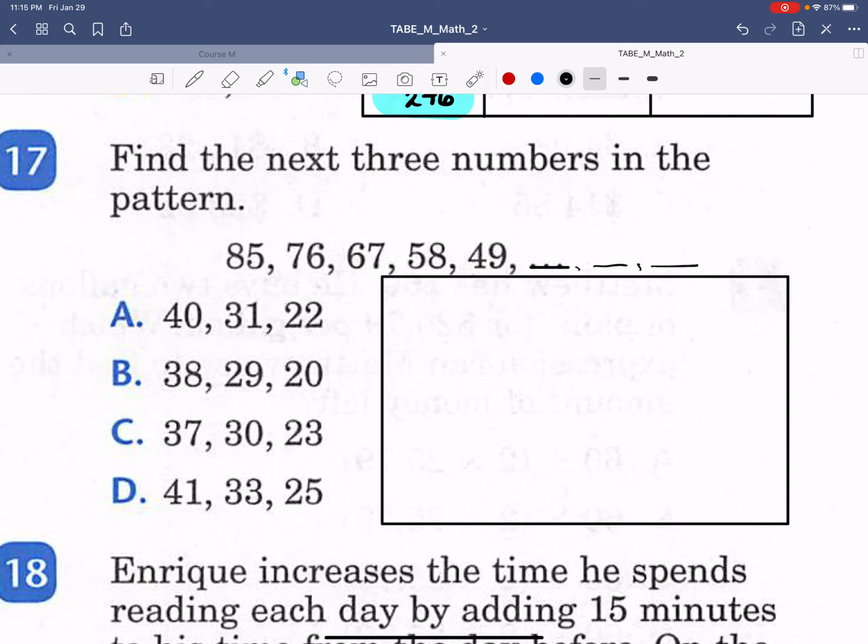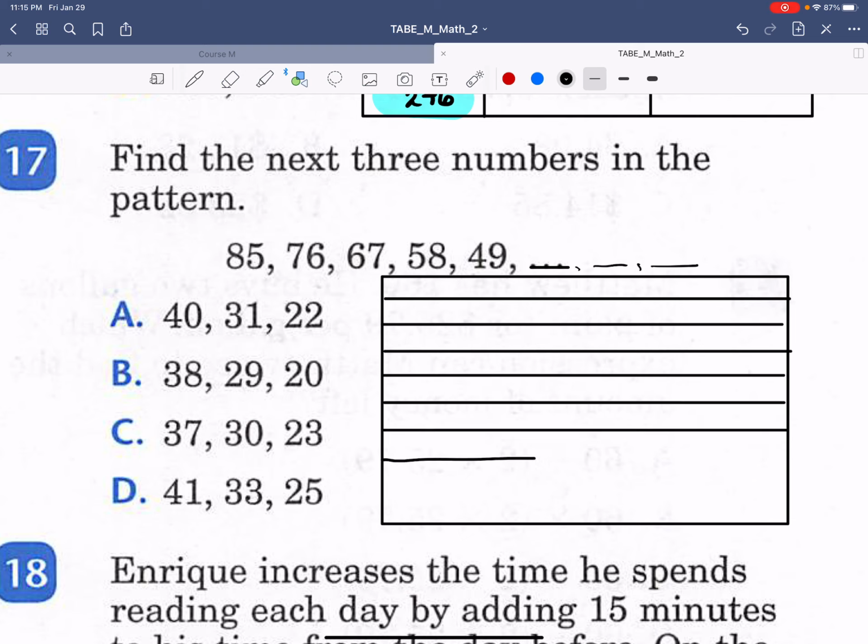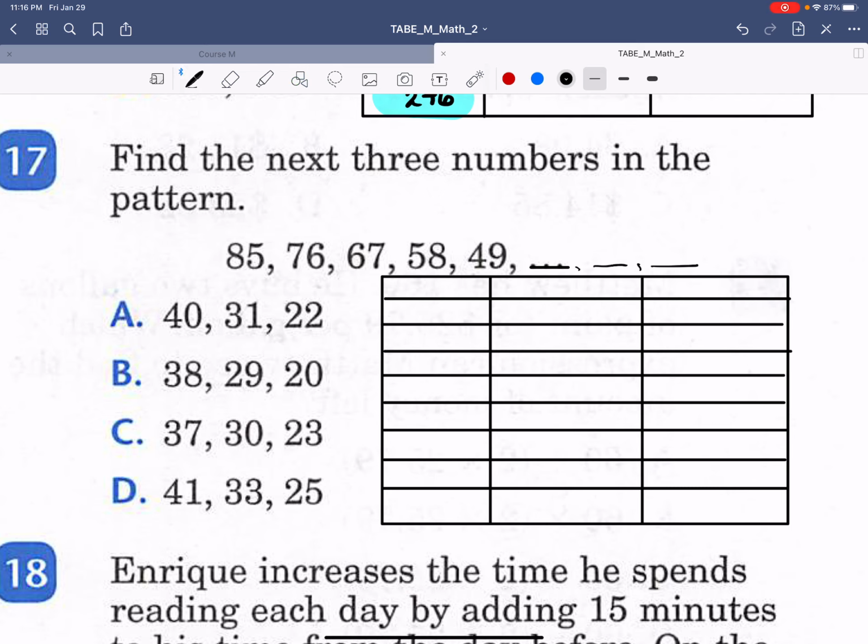I'm going to do 9 rows on this one, or try to. Okay. And then columns. I'm going to have input, rule, output.